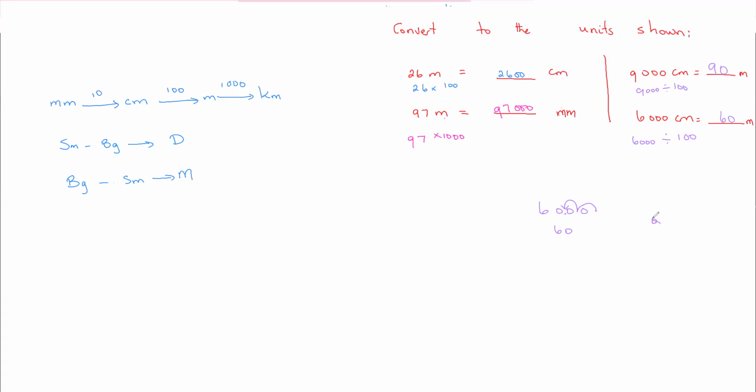Or if you choose to see it as 6,000 divided by 100, cancel the bottom with the top. Bottom with the top says one 0, cancel it, and you get 60. So it's just two ways that you could look at it to solve it. All right, so practice makes perfect.